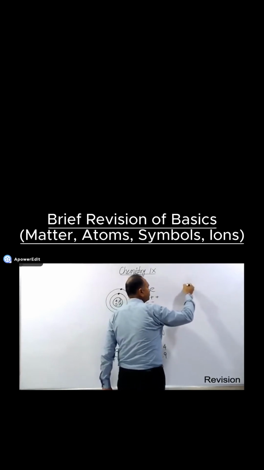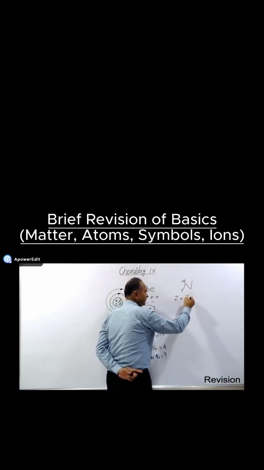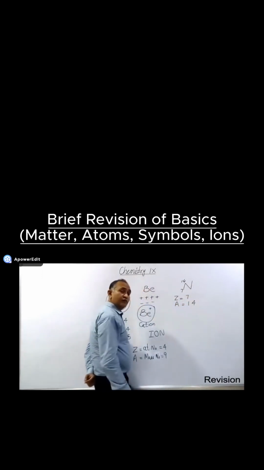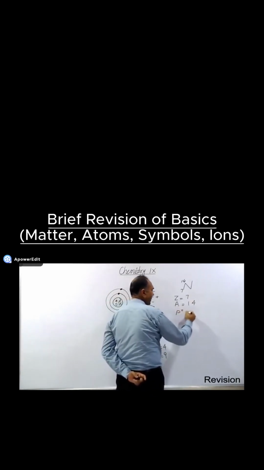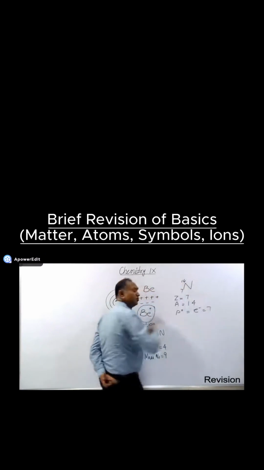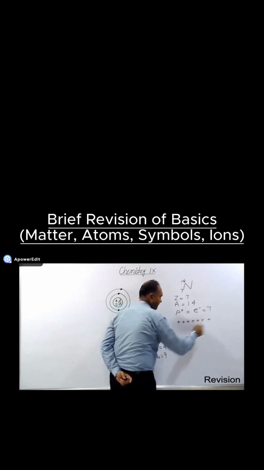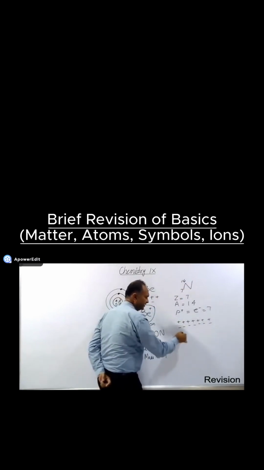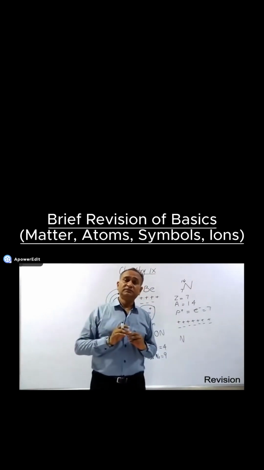On the other hand, let's take another example. Might be the example of nitrogen. So how many of you could understand what 7 is here? 7 is the Z value. A is the, what is the value of A? 14. And it has 7 protons and 7 electrons, since it is neutral. This is the condition: 7 protons, 7 electrons, electrically neutral. We write it like this. Now what happens? This nitrogen has the capability to gain electrons, to accept electrons.